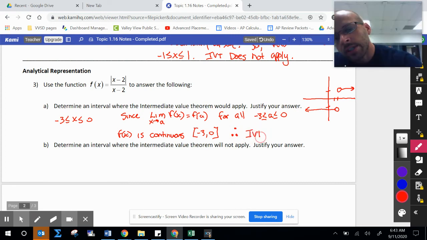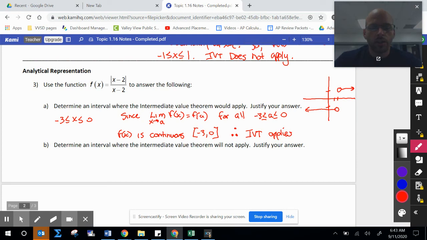Therefore, IVT applies, right? I can show why it's continuous: the limit exists, the output exists, and the limit is equal to the output. That's my definition of continuity for all a values between -3 and 0. So I defined what a was, then I can state that it's continuous, and then I can state that intermediate value theorem applies.